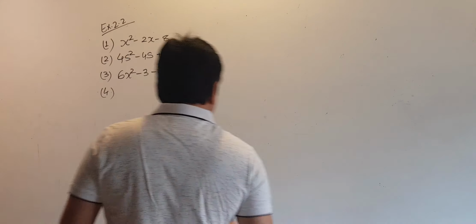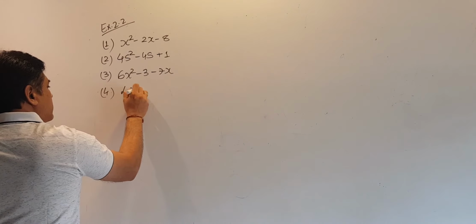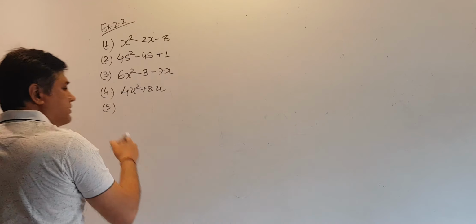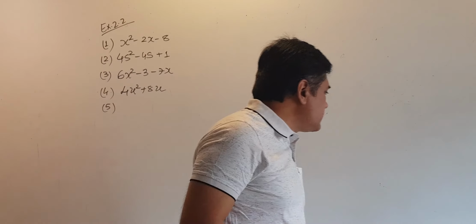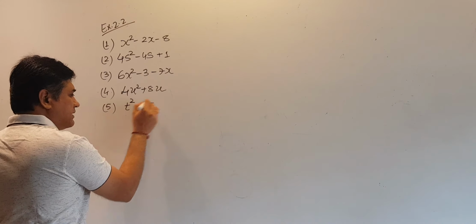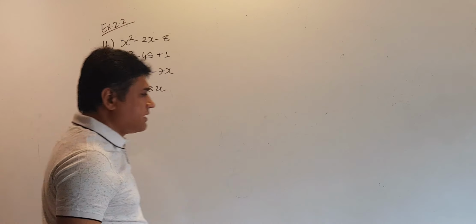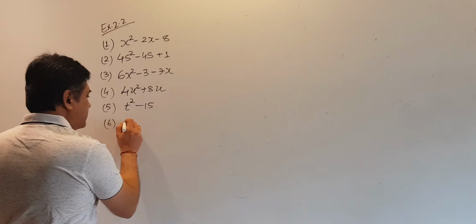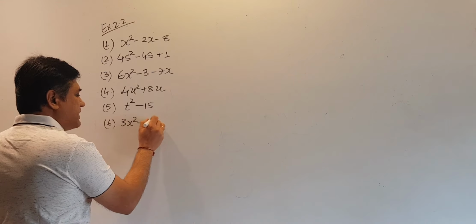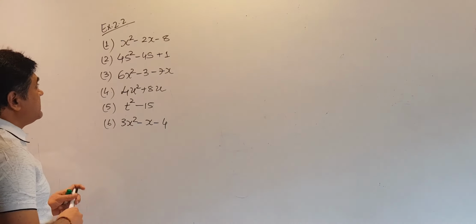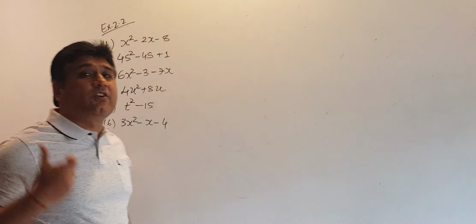Fourth question, 4u square plus 8u. Fifth question, t square minus 15. And sixth question, 3x square minus x minus 4. So friends, you can understand here that only x is not utilized.